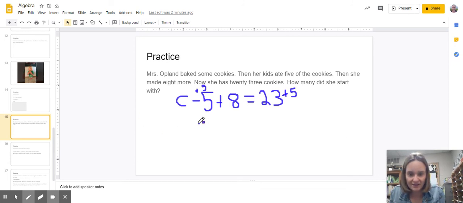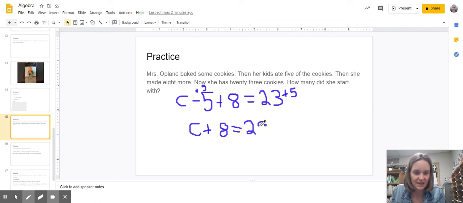So I have, once I get rid of the 5, I have C plus 8 equals 23 plus 5 is 28. Now, if you're unsure, look at the problem and think about it. Do I want a number that's bigger than 28 or smaller than 28?